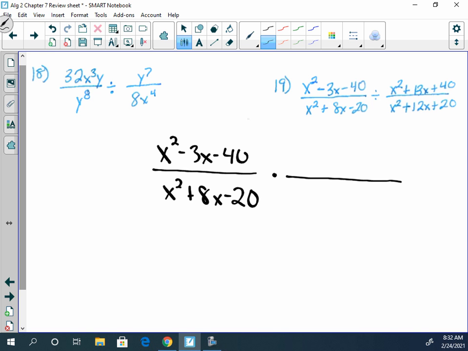Our second fraction, we change it to multiplication and flip it. So that's going to be a good place to start so that we know that we're dealing with multiplication and we don't forget to do that later.